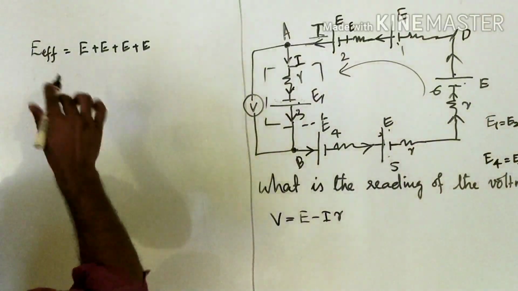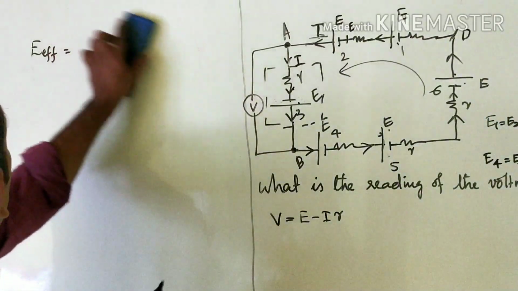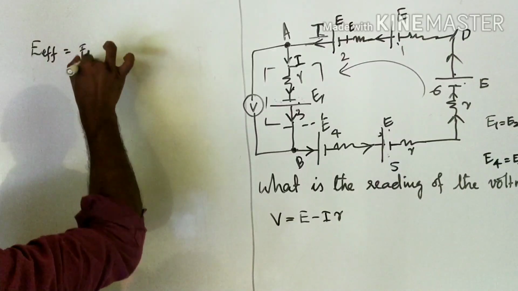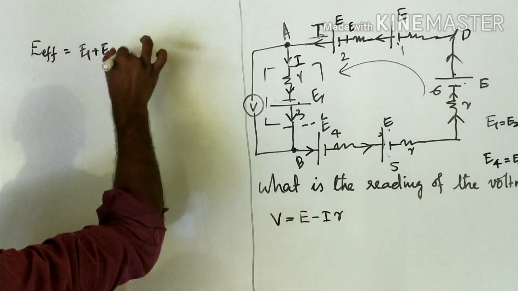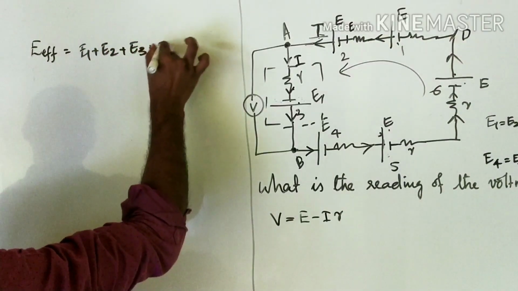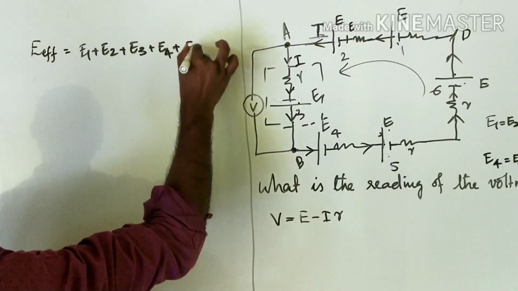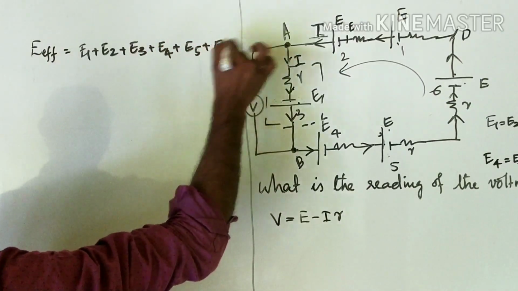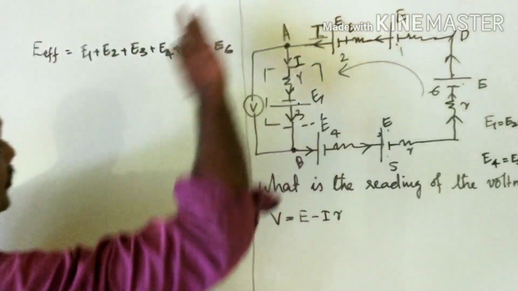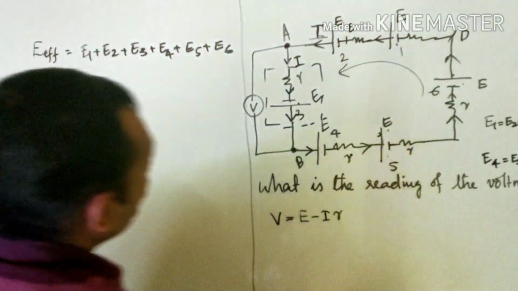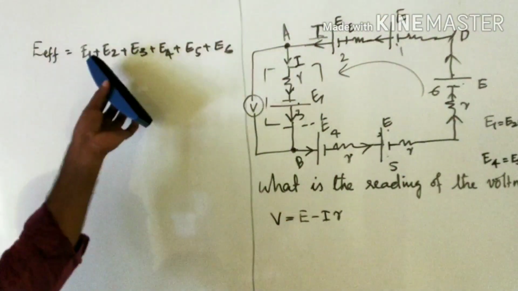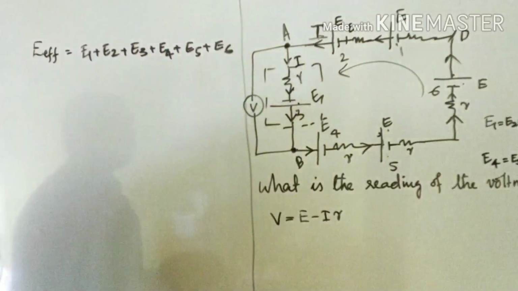Come on now. So E effective is equal to, let us take this equation, E1 plus E2 plus E3 plus E4 plus E5 plus E6, because they are all connected in series, right? So E effective is equal to E1 plus E2 plus E3 plus E4 plus E5 plus E6.